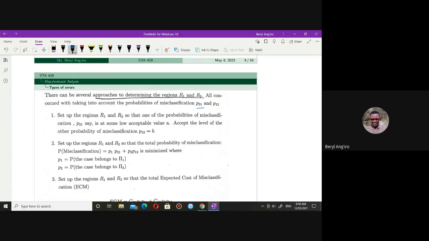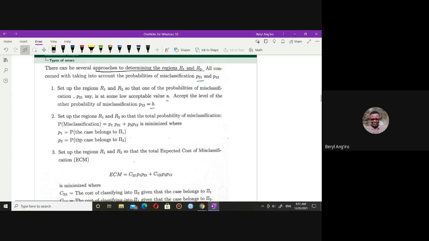One approach is to set up the regions R1 and R2 so that one of the probabilities of misclassification, for instance P(2|1), is at some low acceptable value A, and then accept the level of the other misclassification probability, B. Another is to set up the regions R1 and R2 so that the total probability of misclassification, that is, p1 P(2|1) plus p2 P(1|2), is minimized.